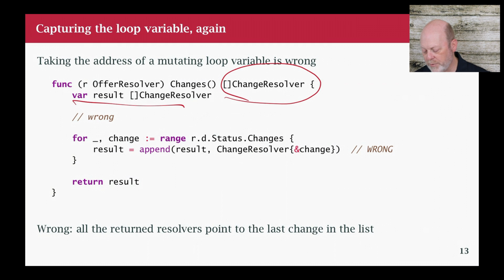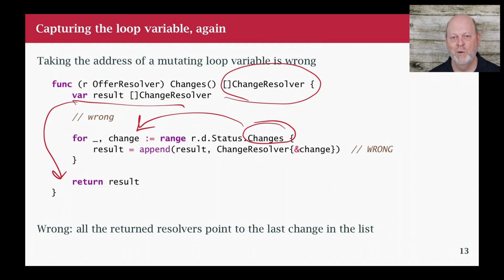So I've got my result, and I'm going to return my result. And I've got another loop. I'm going to loop over some slice or array of changes, right? And so I've got my local loop variable change, which is a copy of one change. And unfortunately, the way this works is I'm going to put a pointer into this structure.